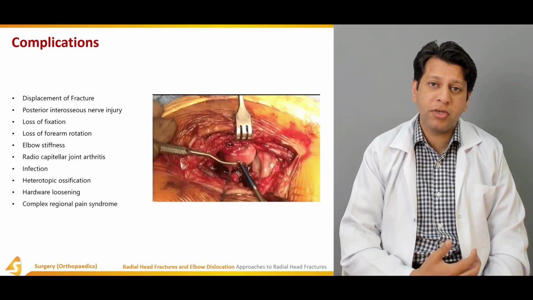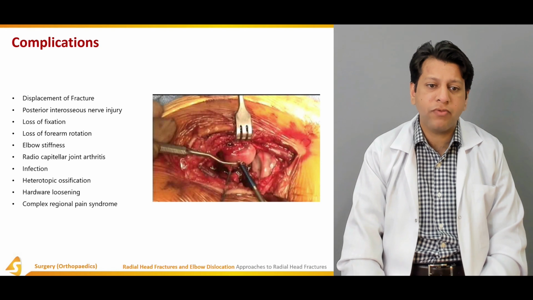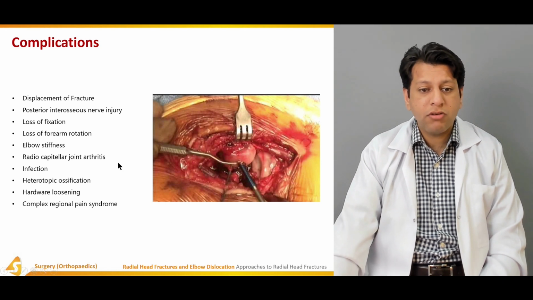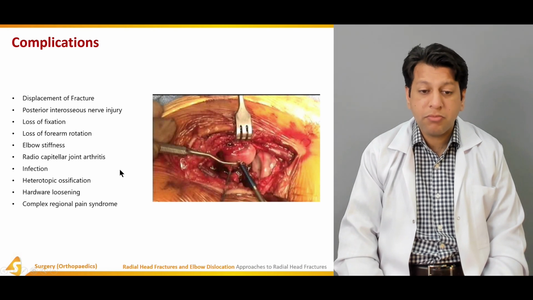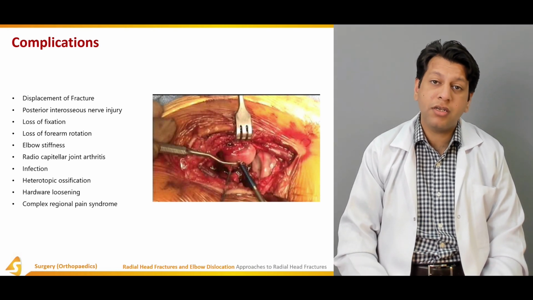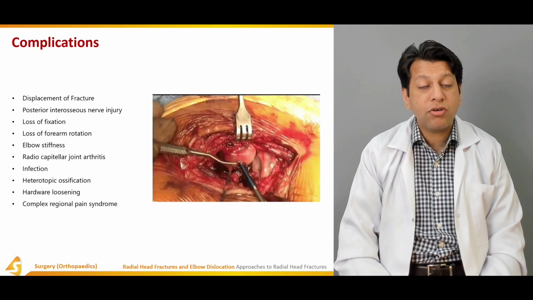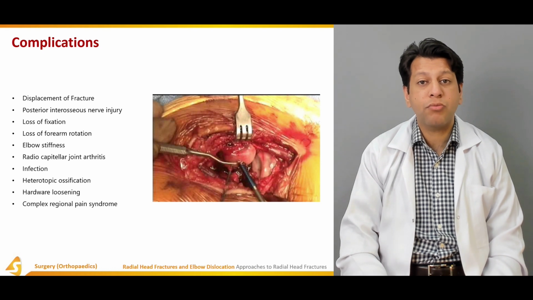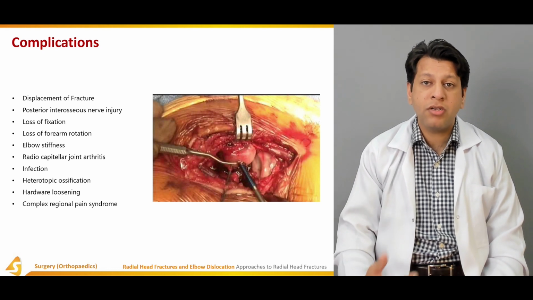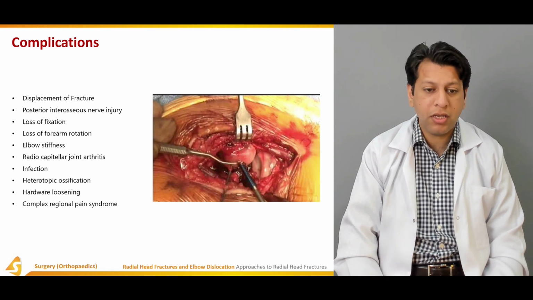Post-operatively, sometimes the patient does not move the elbow much due to pain, and this results in elbow stiffness at times. This could be due to radiocapitellar joint arthritis or infection at times, although it's very rare; in less than 1% of cases infection can occur. Not all patients are prone to heterotopic ossification, but post-operatively there may be heterotopic ossification, which will eventually lead to elbow stiffness and pain later on.